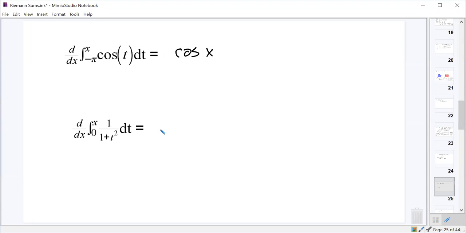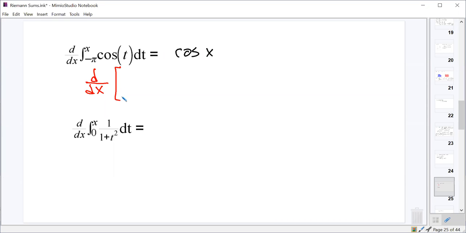The lower limit of a does not matter at all, Darius. That's correct, as long as it's a constant. And you can think about it this way. So we know what the integral of cosine is, right? What's the integral of cosine? Not negative sine, sine, right?